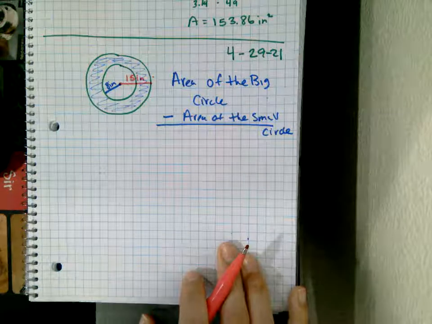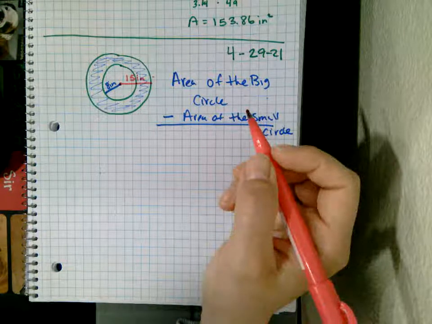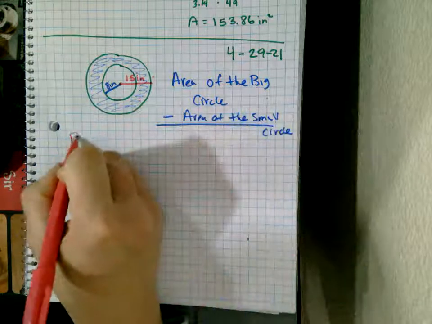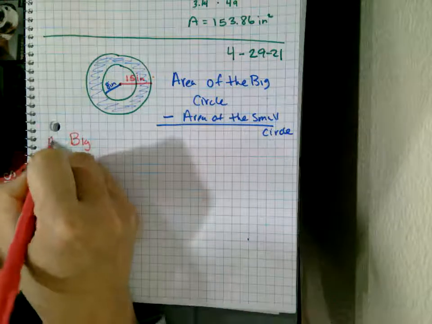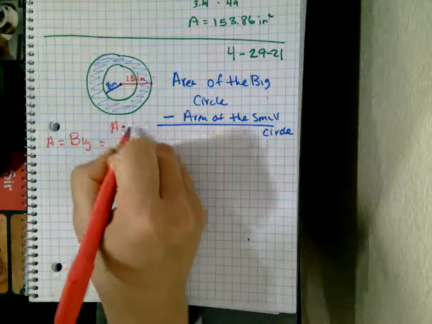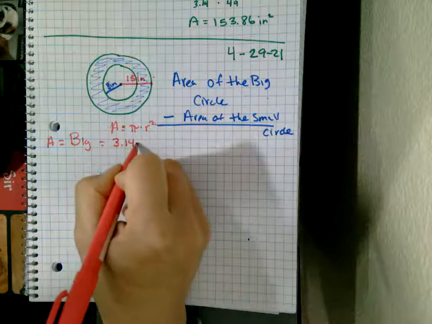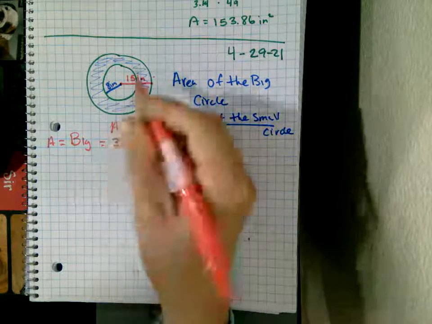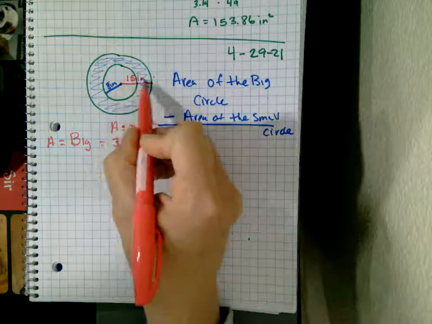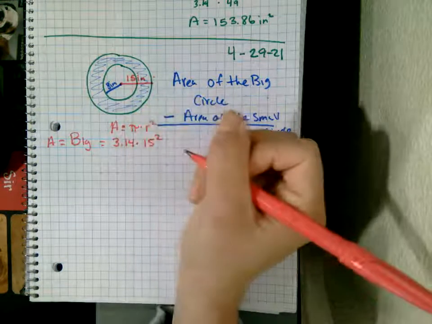So, area of the big circle. Area is equal to pi r squared. So 3.14 times my radius of my big circle, my big ginormous circle, which is 15 squared.